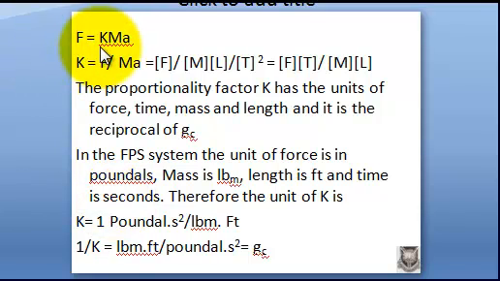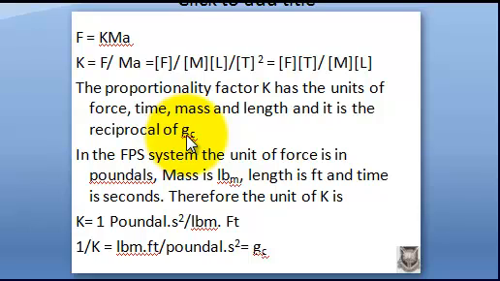Generally, F, which is force, is directly proportional to mass and acceleration of a body, and therefore a proportionality factor K has to be introduced in order to equate F to KMA.